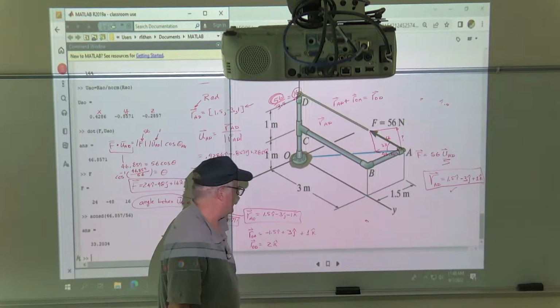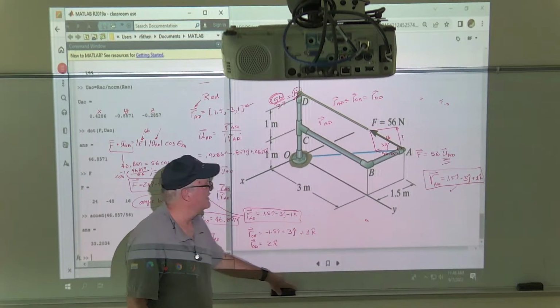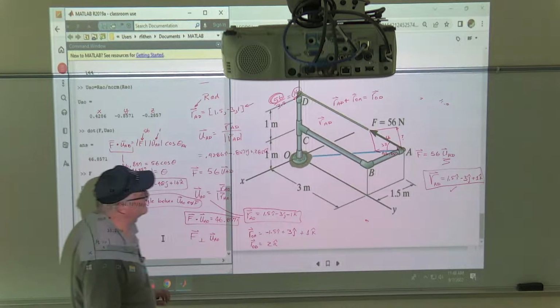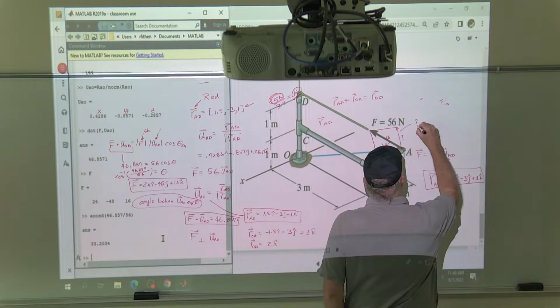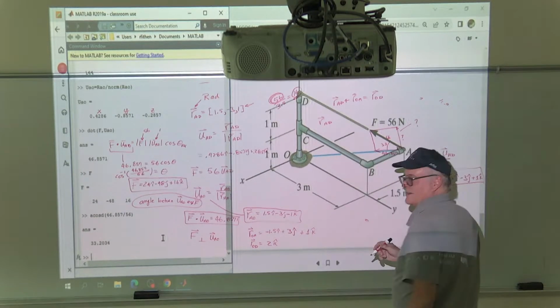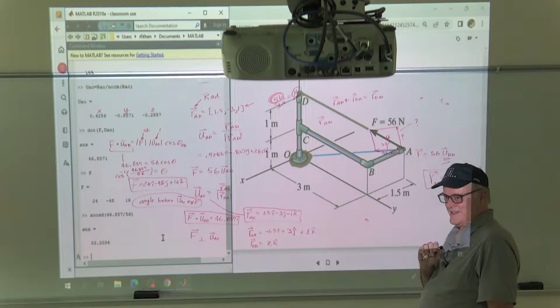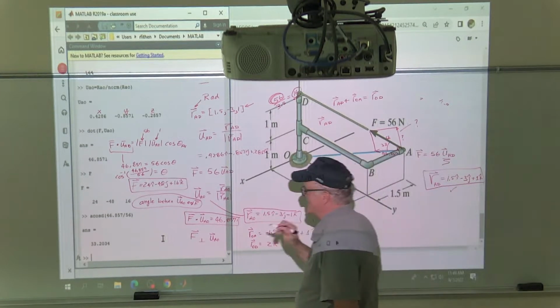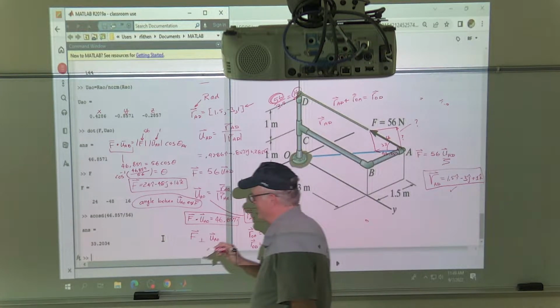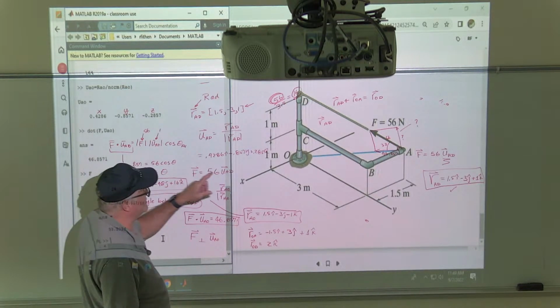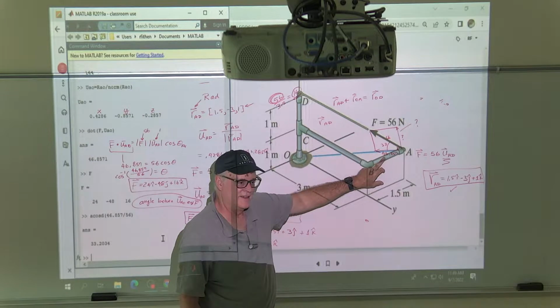If you really want to get berserky, can you tell me what is this vector? What are the components of that vector? Okay, let's think about this. We found out this is 46, right? Bear with me.